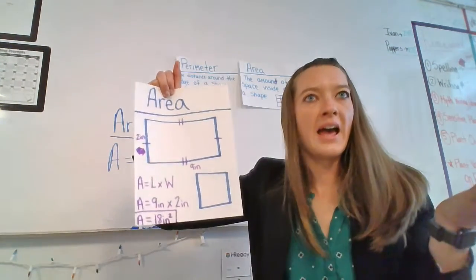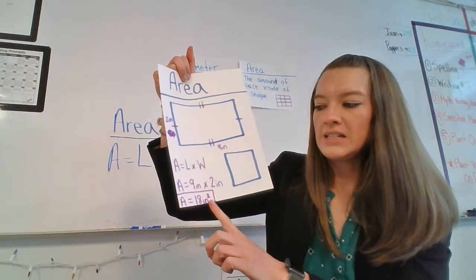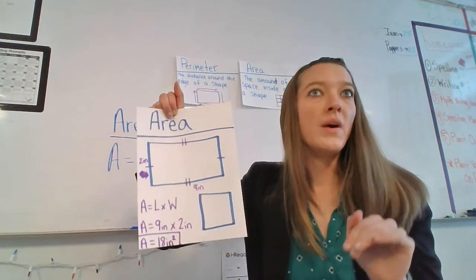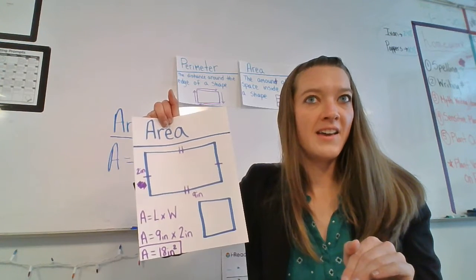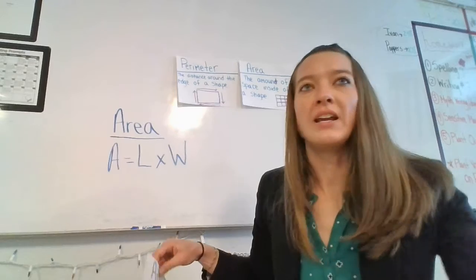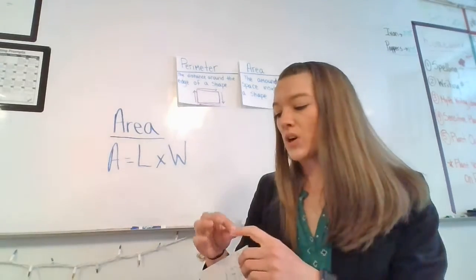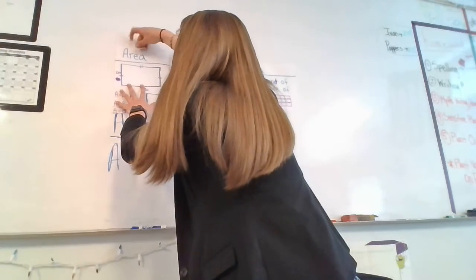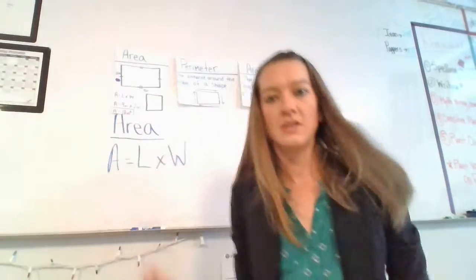So it's like saying I have 2. So I have 18 inches squared, and you'll always see that with area. Okay? Now, does anyone have any questions right now? We're going to go into this a little bit further. Let me write this right here for you so you guys can see that.